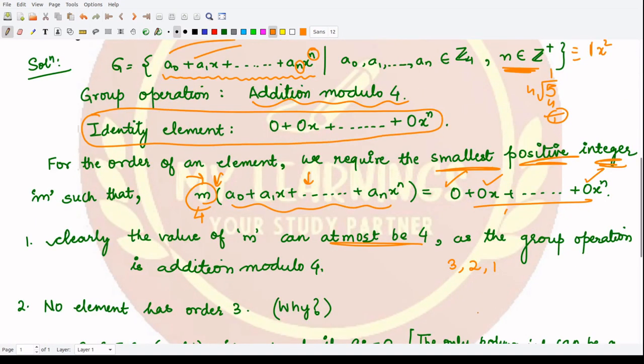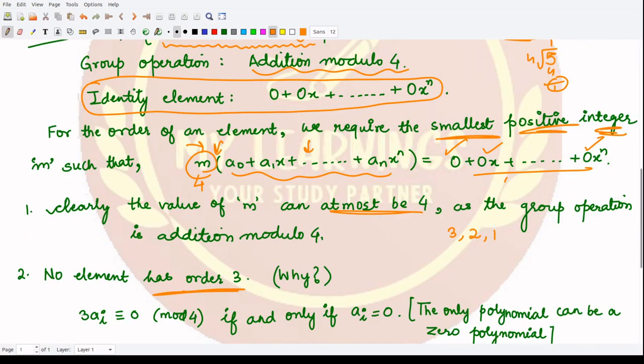And no element has order 3. Why is it so? Because if you have order 3, you will have 3 times the coefficients, so 3 times a0 plus a1x plus so on up to anx^n should be equal to 0 plus 0x plus so on up to 0x^n. This means 3 times every coefficient should be equal to 0 under mod 4.